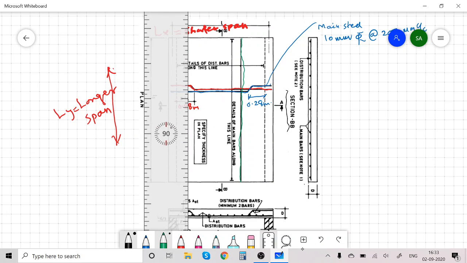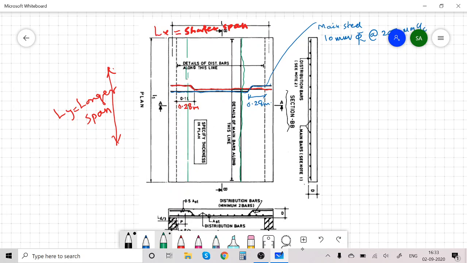Along this longer span you will show the distribution steel. So these bars are 6 mm mild steel at 150 mm center to center.